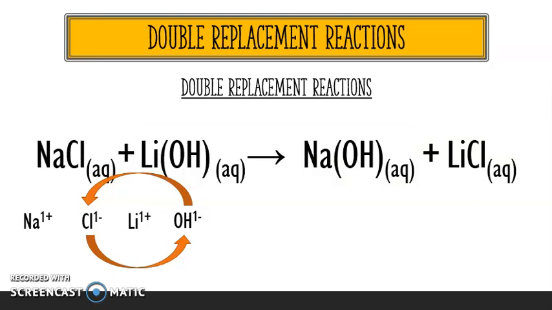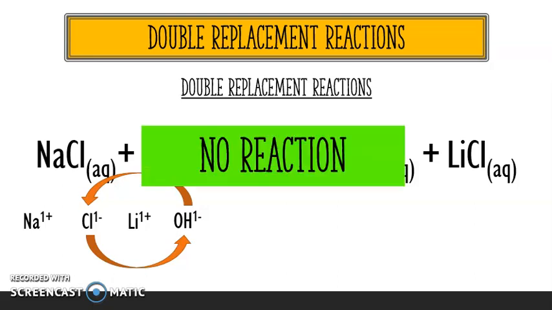And in this case, both of our products, according to the solubility rules, would be marked as being AQ. In this case, this would indicate no reaction. No chemical reaction actually takes place because before the reaction starts, all of our ions are floating in solution. After the reaction is over, all of the ions are still floating in solution. It's like there was no change.